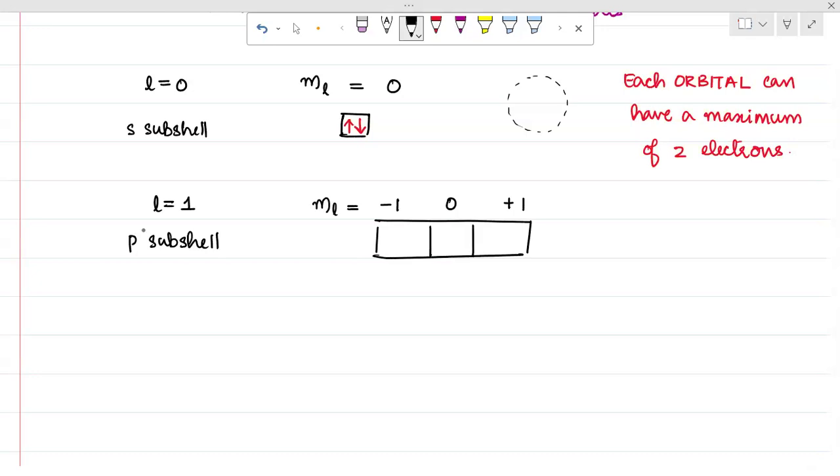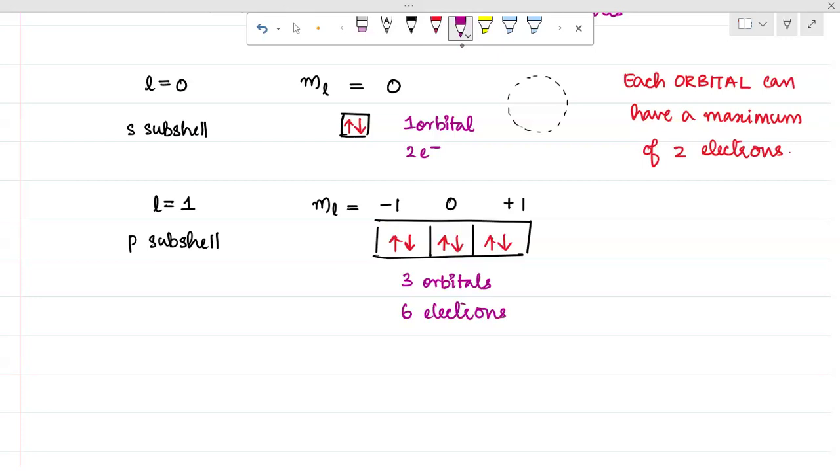See? So this is just one orbital, 2 electrons. Now you have got 3 orbitals. How many electrons? Each orbital can carry 2 electrons each, correct? So a total of 6 electrons.